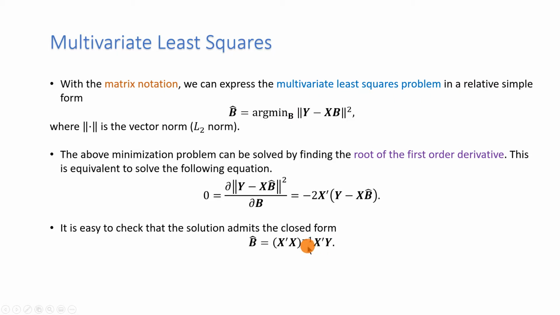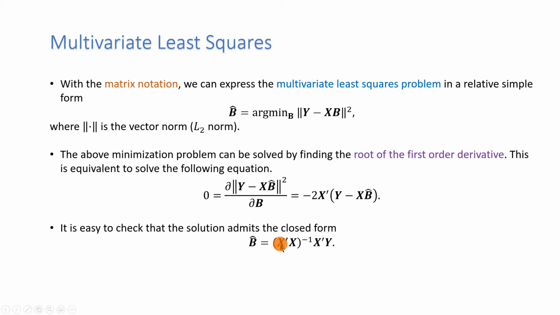And one very simple way for you to check if it's a valid solution is to check if the dimensionalities of those matrices match each other in terms of matrix multiplication, right?